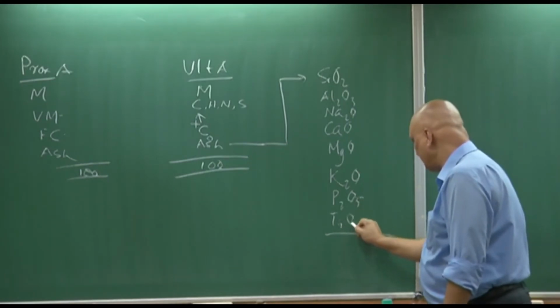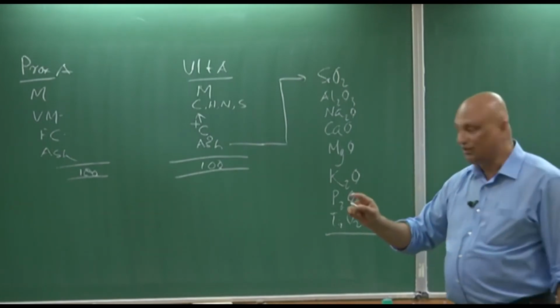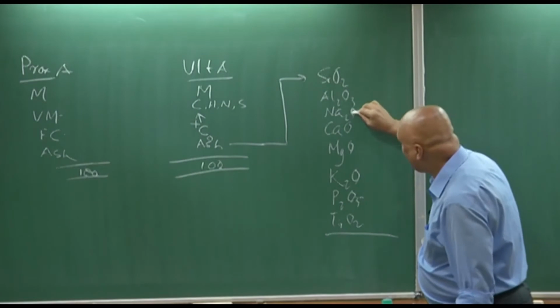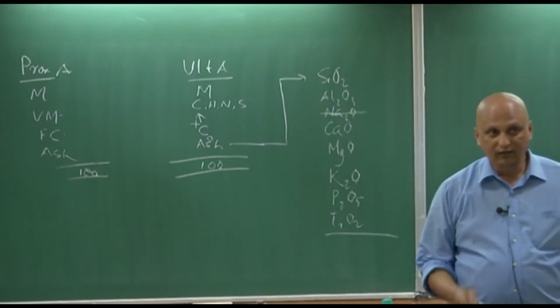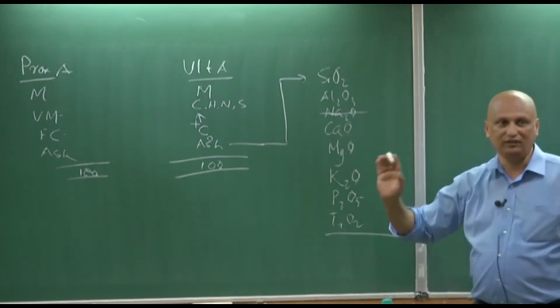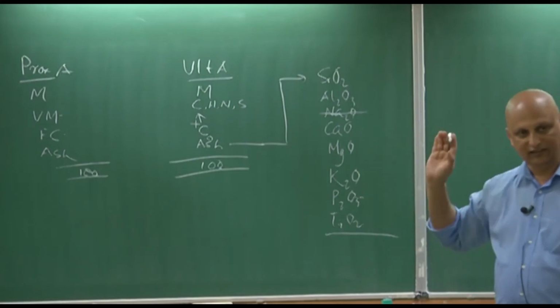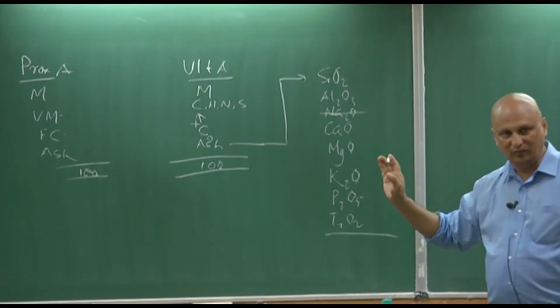TiO2, so titanium. But in ash, sodium is never present as Na2O. You will never find Na2O. This is just a convention to represent the presence of these elements in oxide forms.